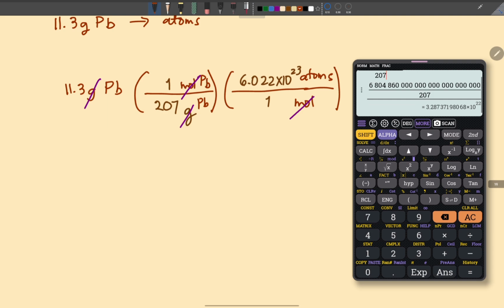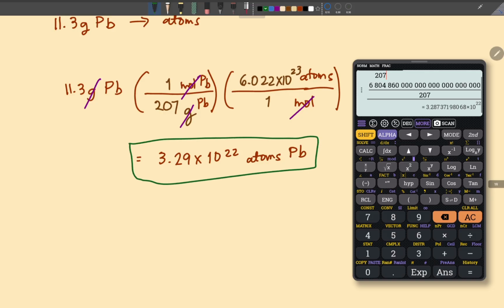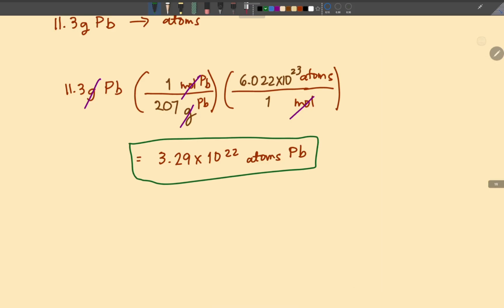So that will be 3.29 times 10 raised to 22. And the unit is atoms of lead. So that's the answer.